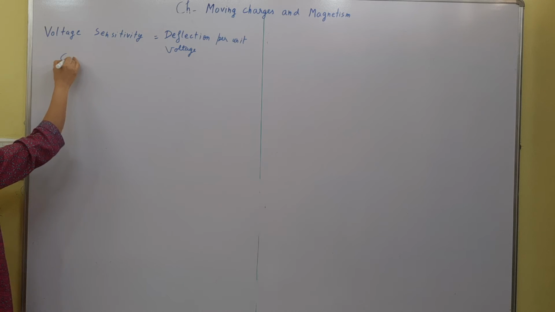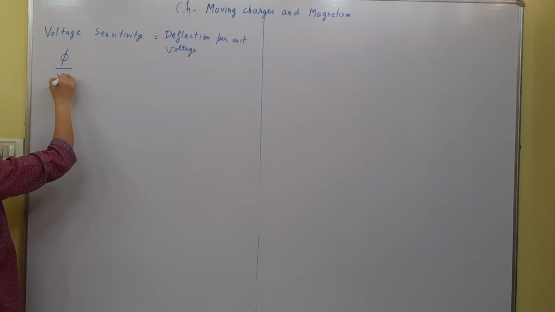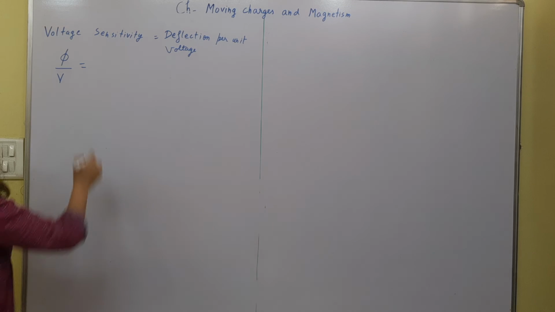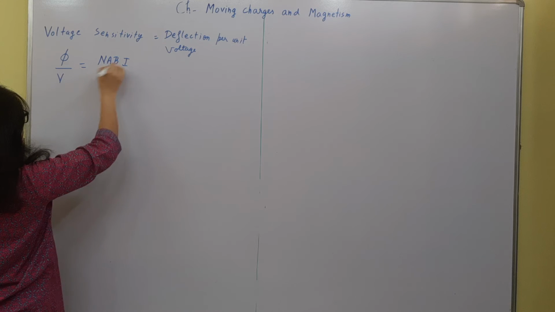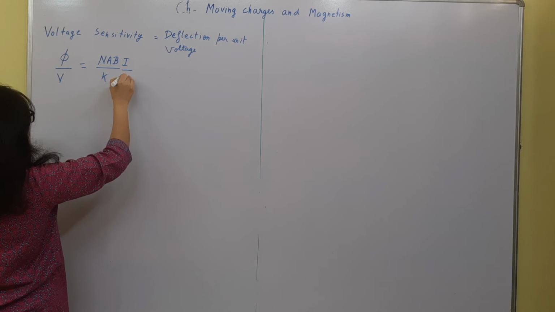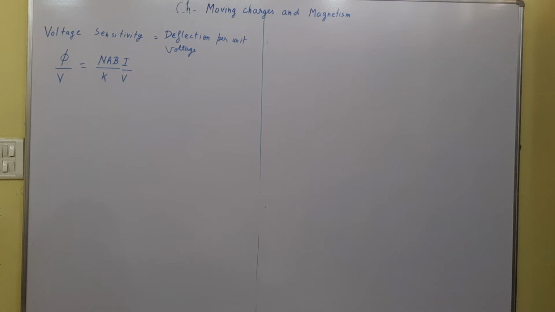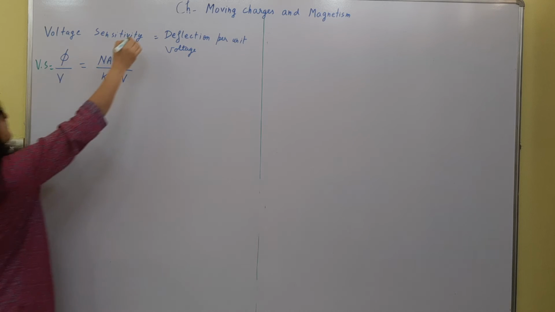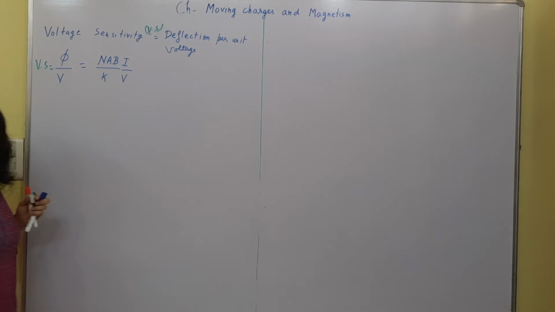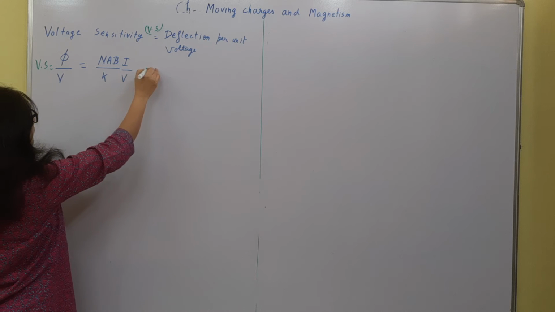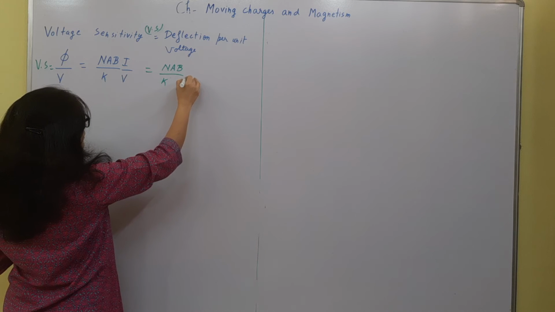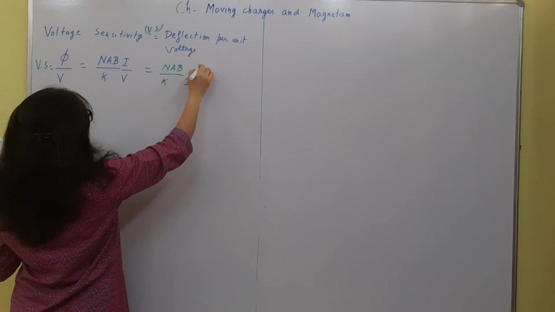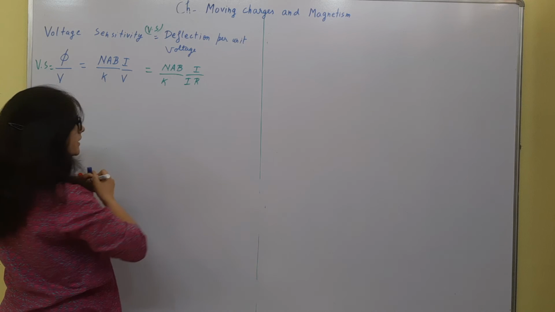So that means deflection per unit voltage can be written as this, and this is voltage sensitivity, NAB upon K. This can be written IR, this is I. So I can be cancelled.